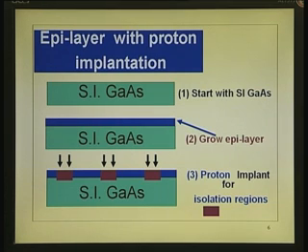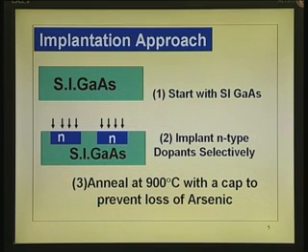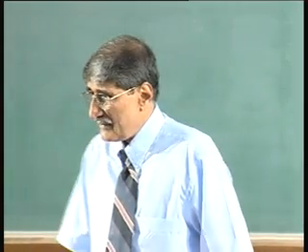Very popular technique still is this one, where one type of implantation species is used. For information for all of you, in India there is one company called GaAs, gallium arsenide technology, in Hyderabad. There they make MMICs, monolithic microwave integrated circuits for gigabit logic circuits, in the gigahertz frequency range.